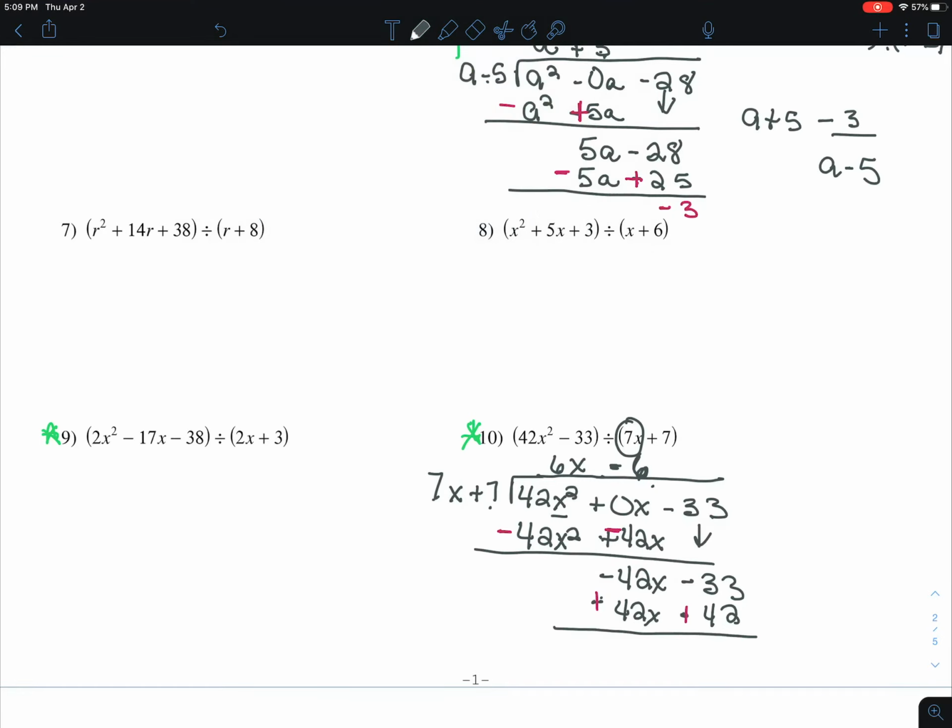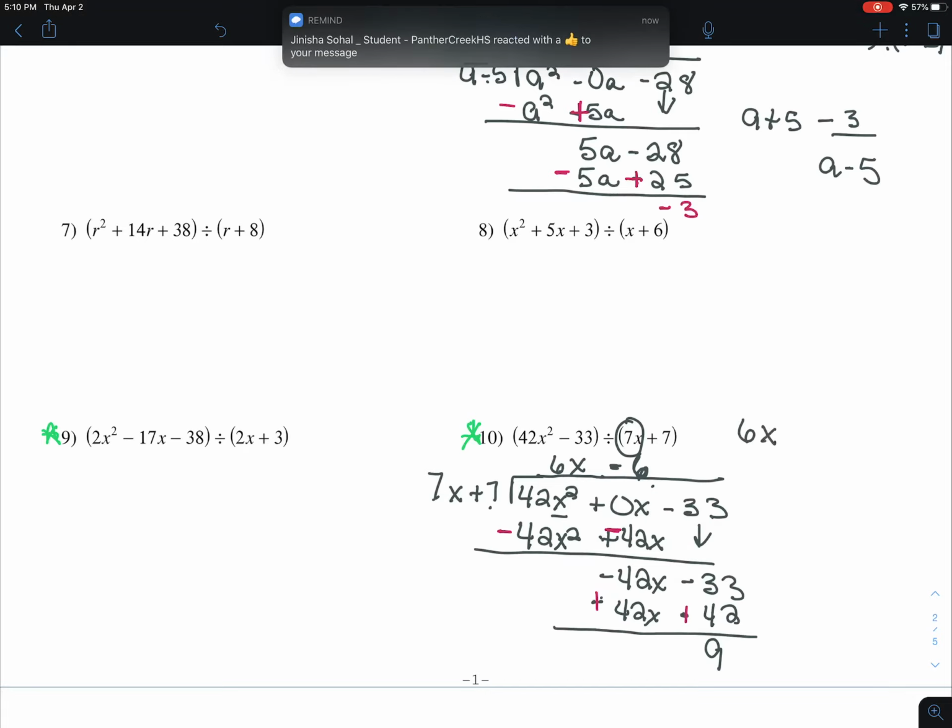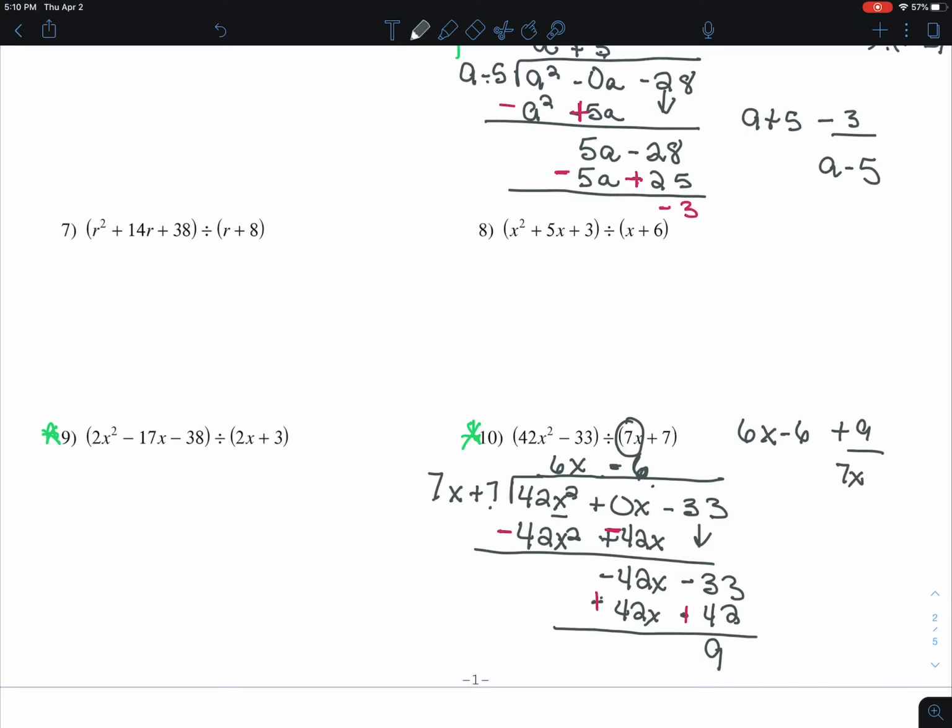So we get the 42x's zero out. 42 minus 33, and again, you can do this on your calculator if you need to, because I'm doing it on mine right now, is 9. And since there are no more x's, I can't go any further. So my answer is 6x minus 6 plus 9 over 7x plus 7. Okay? All right.